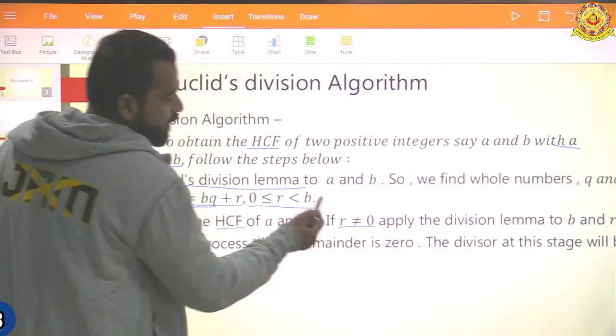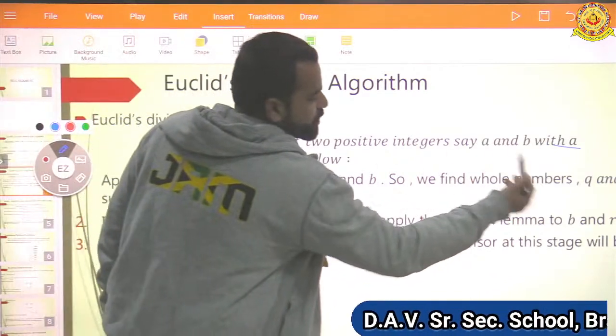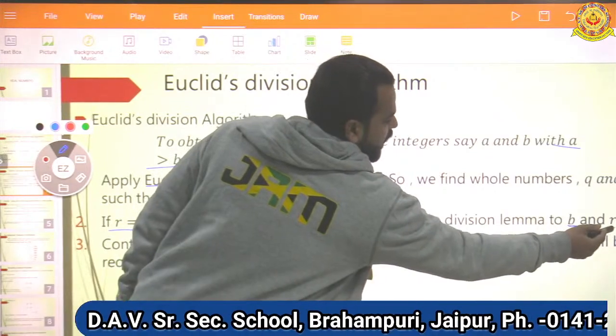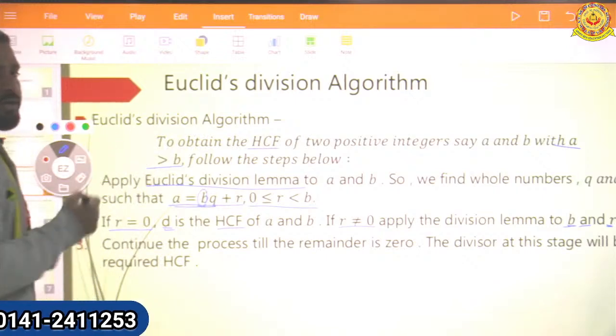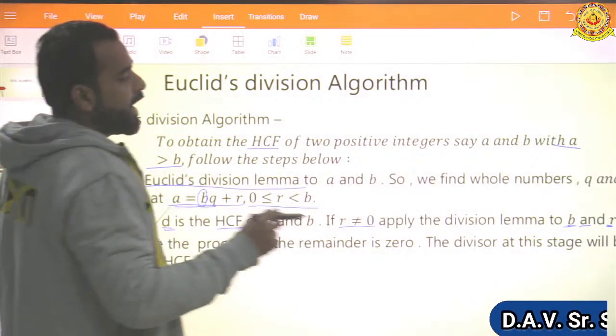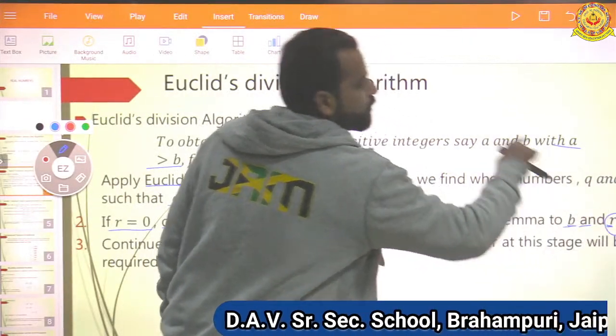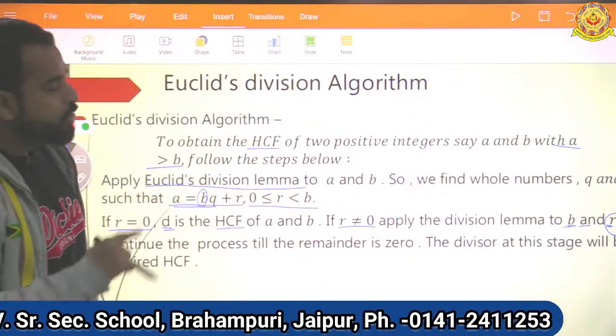If R is not equal to 0, apply the division algorithm to B and R. Now what are B and R? B is the same number by which we are dividing, that means it is the divisor here, and R is the remainder of our next step. Clear? So we will continue.